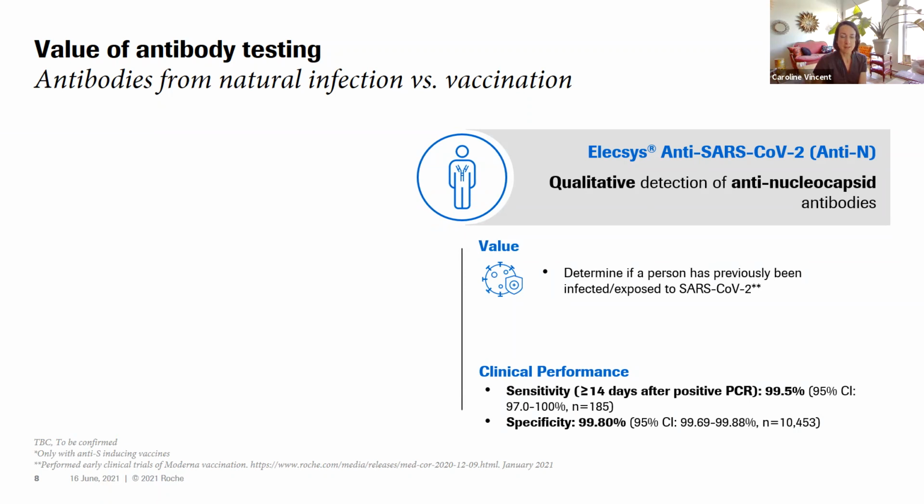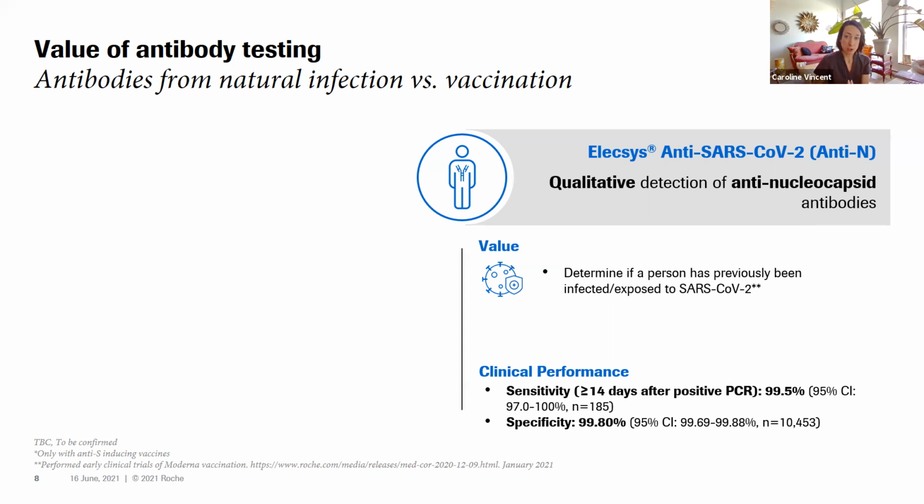The first assay, which we launched in the summer of 2020, is meant for the qualitative detection of antibodies that are generated against the nucleocapsid of the virus. Because it targets the nucleocapsid, this assay can really be used to determine if a person was previously exposed to or infected by the virus as part of a natural infection setting.